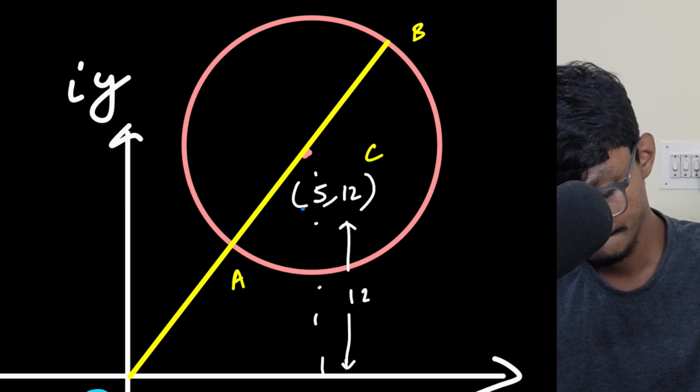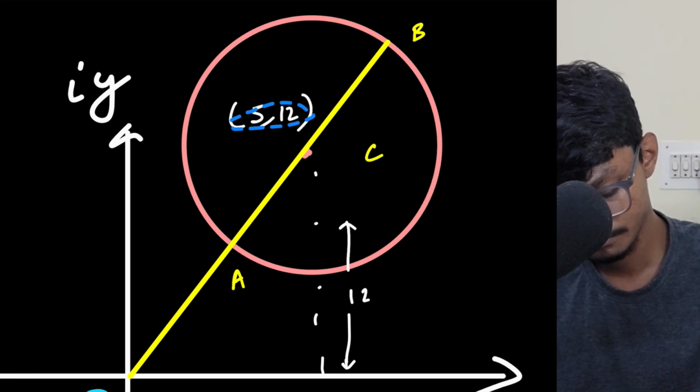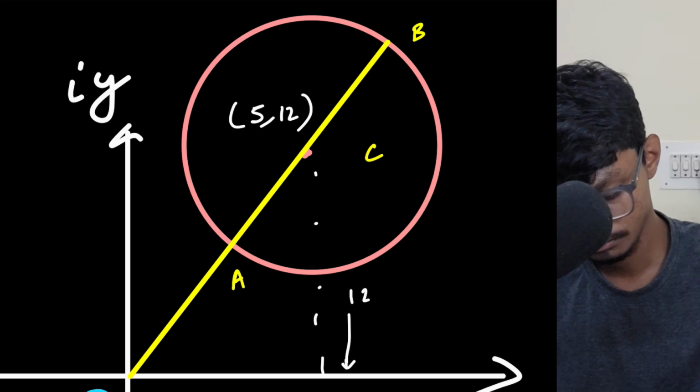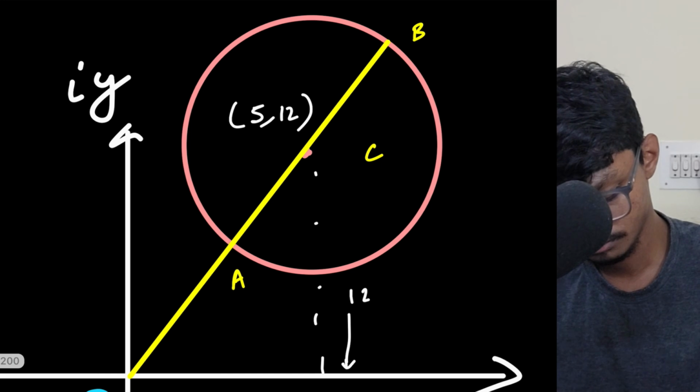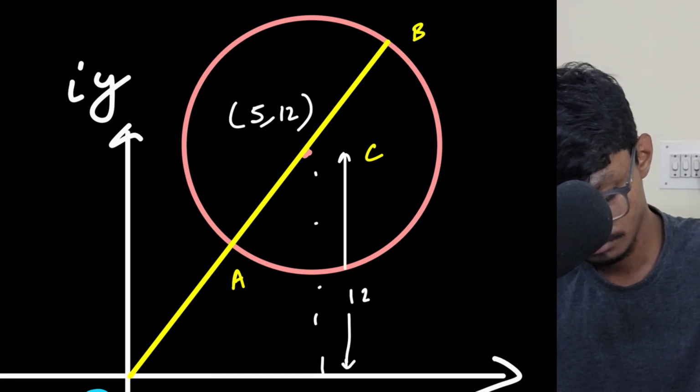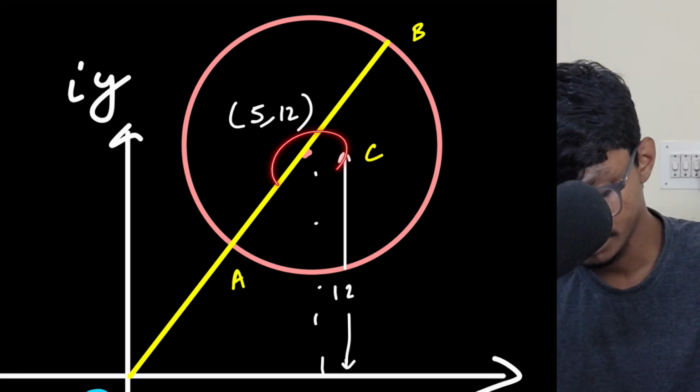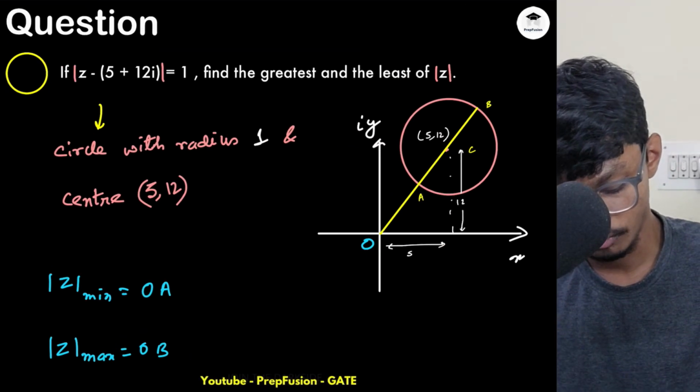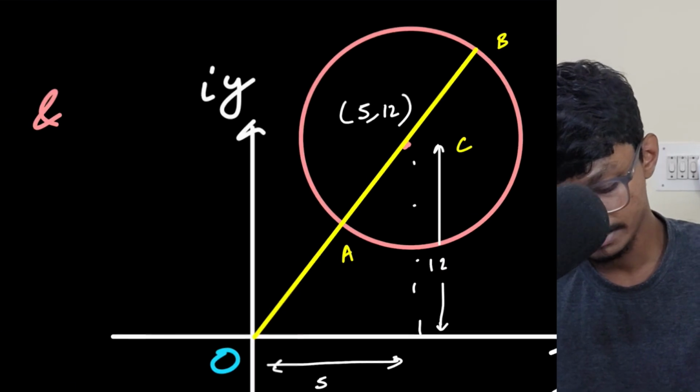So we can compute this OC distance, and OA will be what?